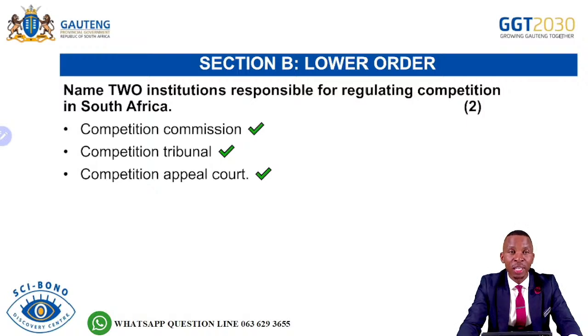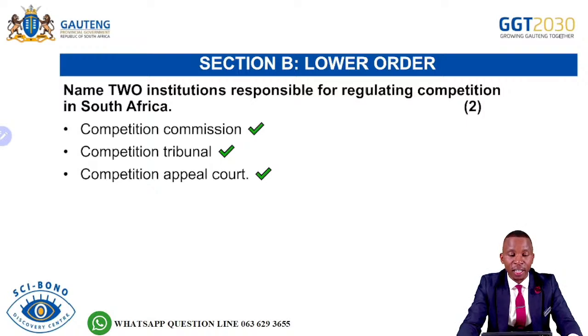The Tribunal will receive that information and do its own findings to see if the firm is guilty of misconduct or not. After doing that investigation, it will decide to accept the fine that was suggested by the Commission or it will do its own. And then the Tribunal will impose a charge or a fine on the business that has been found guilty of misconduct.